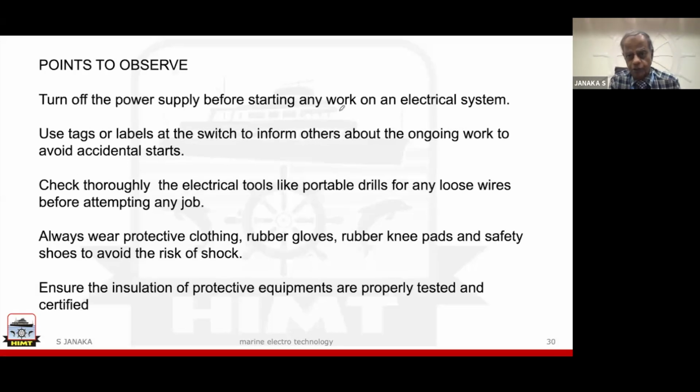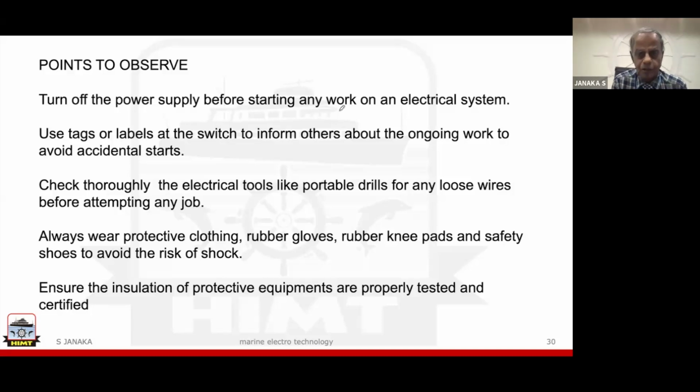Before attempting any job on an electrical system, turn off the power supply, and use tags or labels to inform that the switch is not to be put on till the job is over. Check thoroughly the electrical tools, like portable tools, and any loose wires or loose contacts.